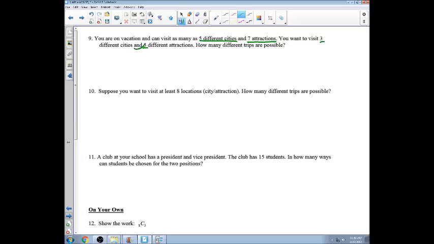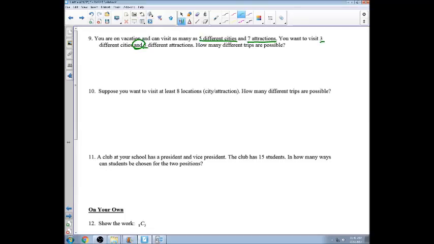Also, notice I have the word and, so that should help us out. How many different trips are possible? Did it ever say anything about I have to go to this city first with that attraction, or did it ever make any mention of order being a difference? Well, no, it didn't. So what that means is I'm going to use combinations here.